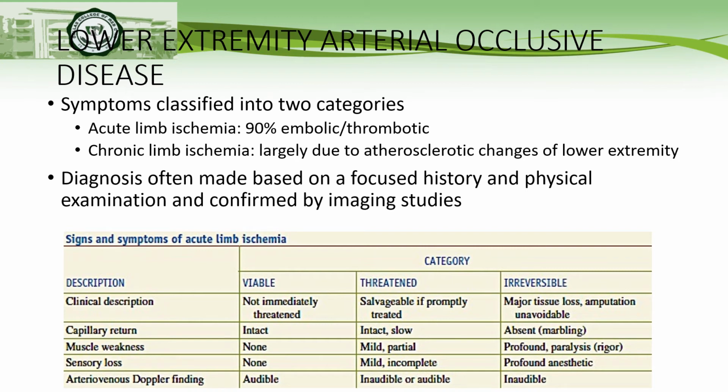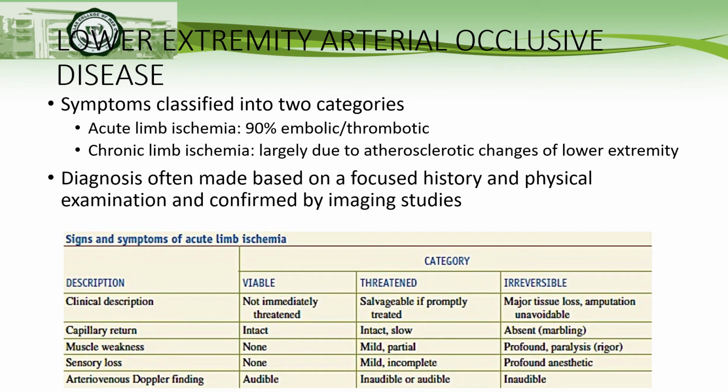So, what are the symptoms? We remember the 5 P's: pain, pallor, paresthesia, paralysis, and pulselessness. Some even add a 6th P, the poikilothermia, or the perishing cold. So that's the symptoms.